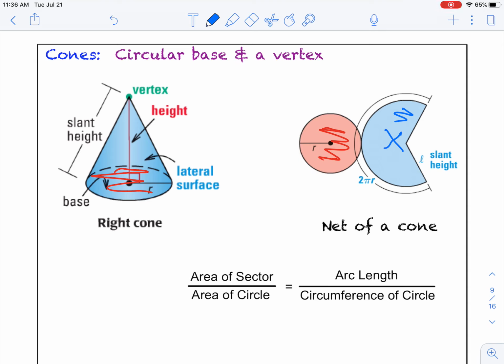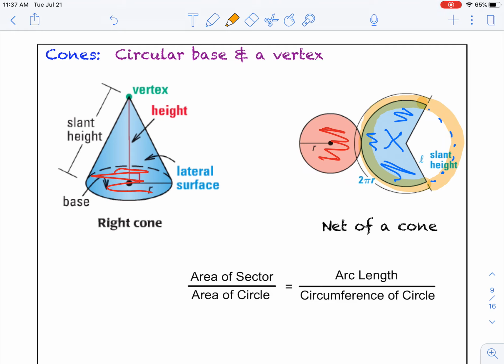And it might be a little confusing with the X in there, but the area of the sector compared to the area of the whole circle, remember there's the rest of the circle, is going to be in the same ratio as this arc length right here compared to the circumference of the whole circle.